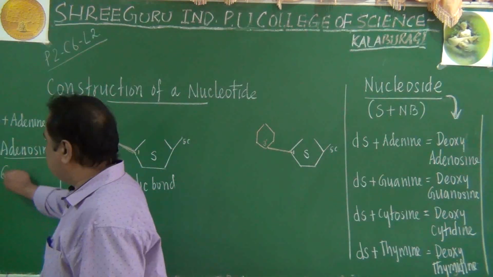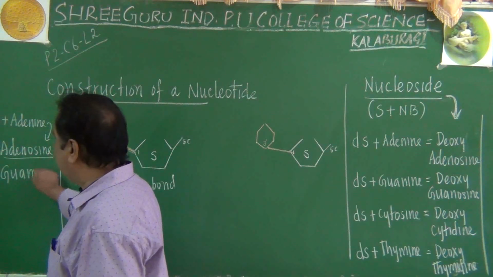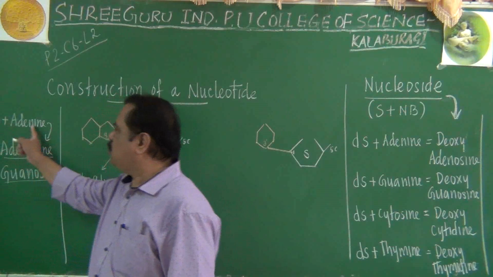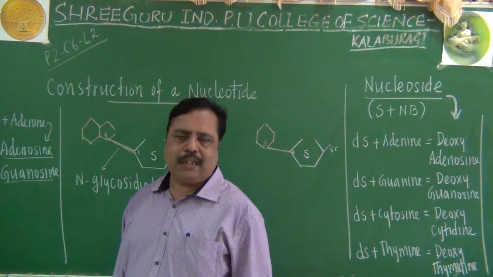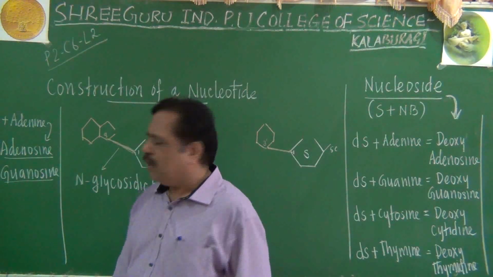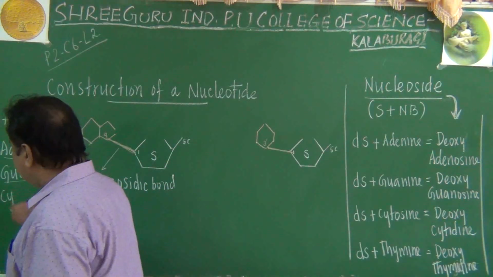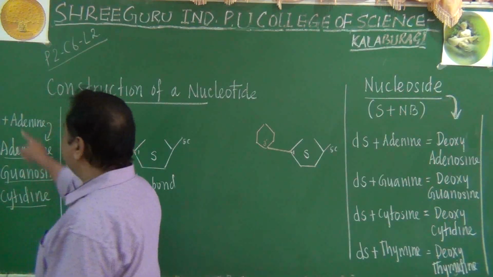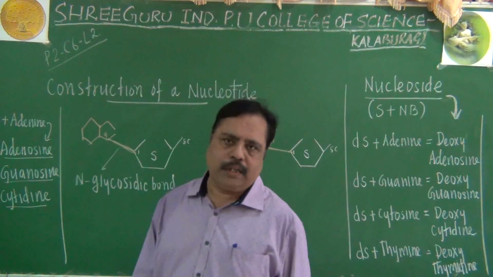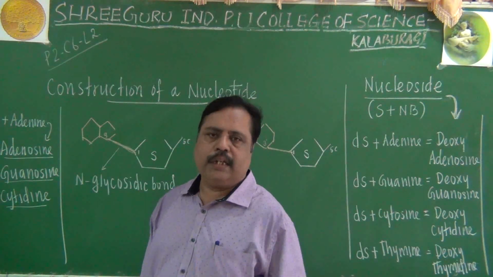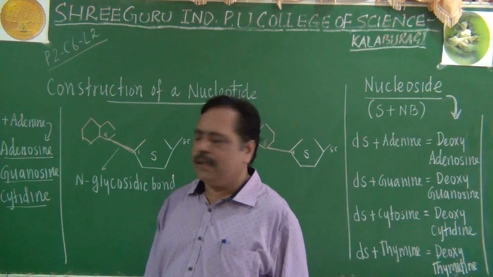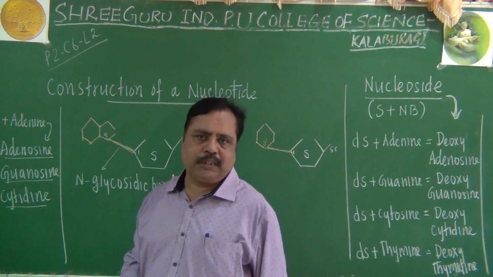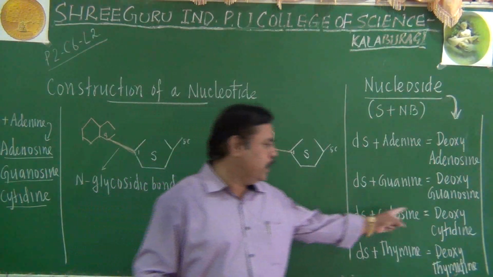Similarly, students, there can be guanosine also. What is guanosine made up of? Ribose sugar plus guanine. Is it or not? Then cytidine. Cytidine is a nucleoside of RNA, where ribose sugar plus cytosine base is present. Cytosine, cytidine.